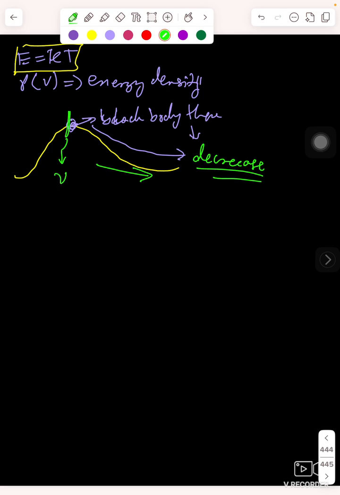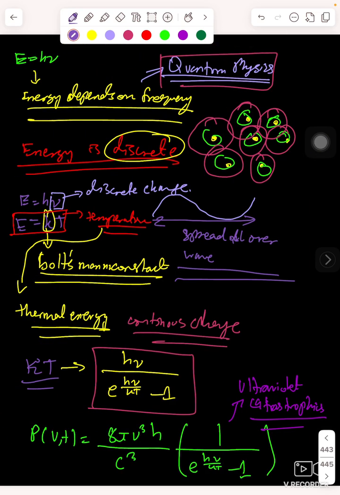Now, this was solved by Max Planck, who added energy as discrete values, known as quantization of light. Now, what is quantization of light?